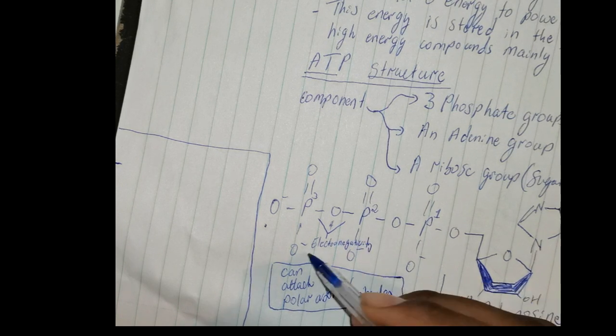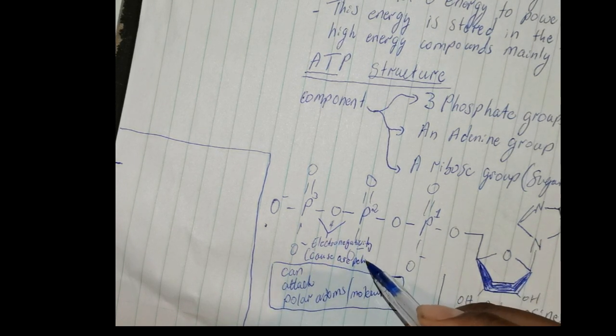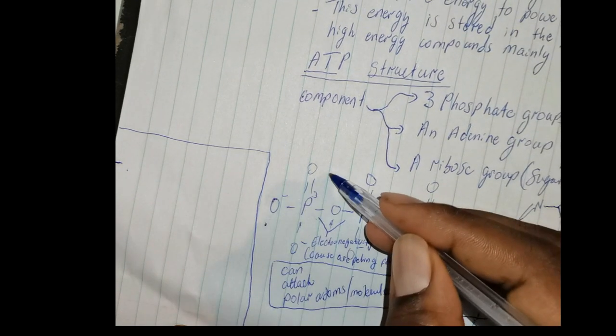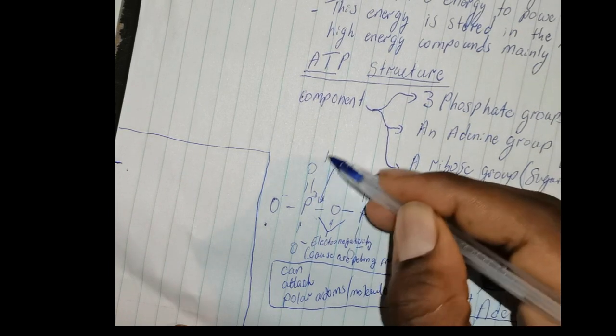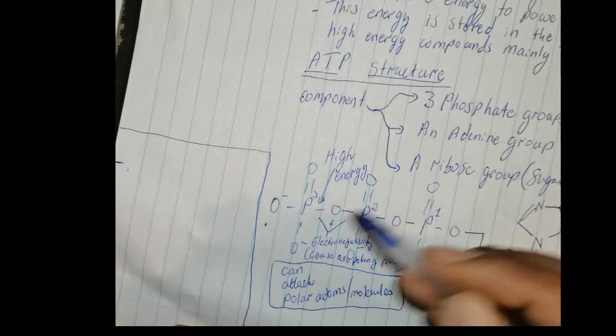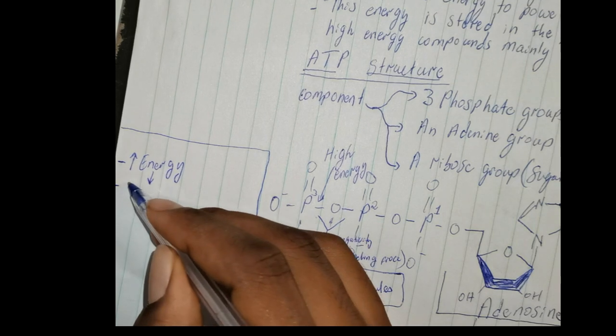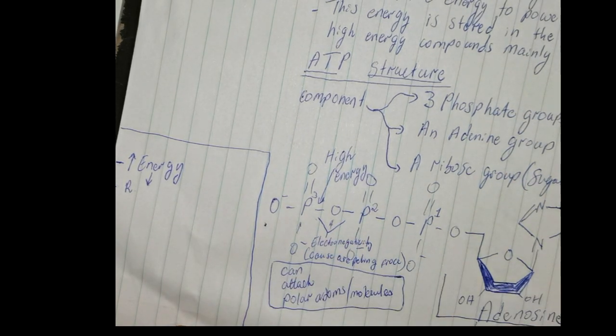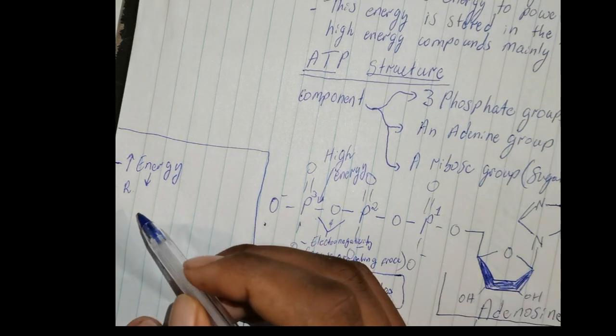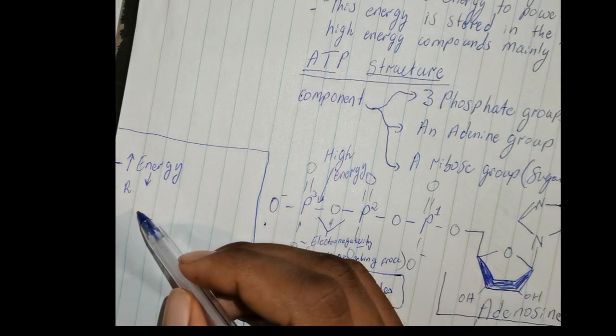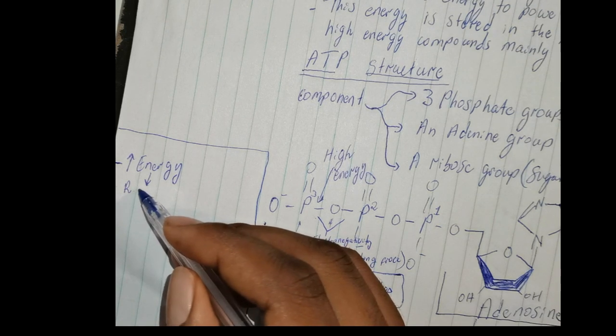We say that ATP is the energy currency of the cell, and that is due to the electronegative charges exerting a repelling force between the phosphoryl groups. So there is a high energy that is stored within those bonds.